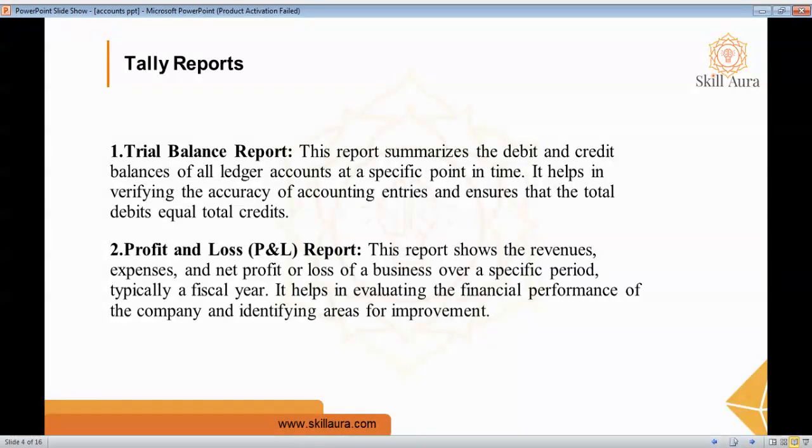So, this profit and loss report shows that the company has a net profit of $1,20,000 for the year ending date. This report helps the business analyze financial performance, identify areas of improvement, and make strategic decisions to drive growth and profitability. So this is how the profit and loss account report is done in Tally.